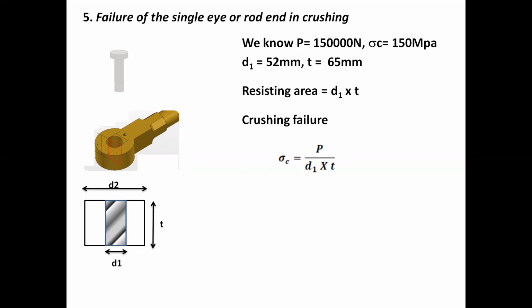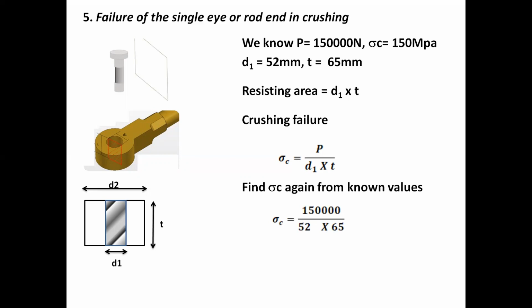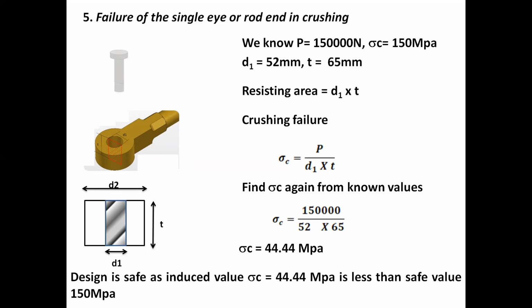So if the crushing resisting area is d1 into t, and we know the values of d1 and t from the standard relationship, we can find the value of crushing stress from the known values, and it comes out again 44.44 megapascal. When it comes out 44.44 megapascal, let us check whether it is less than the given safe value. Yes, it is less.